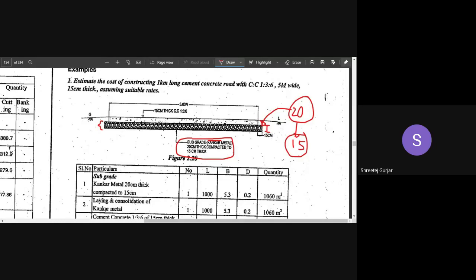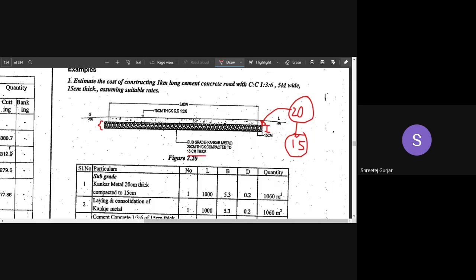It is nothing but aggregate, a type of large size aggregate, you can say. Gravel, yes, 100% correct. Gravel or aggregate you can generally call as concur. So they have laid 20 centimeter thick and then compacted it to 15 centimeters.